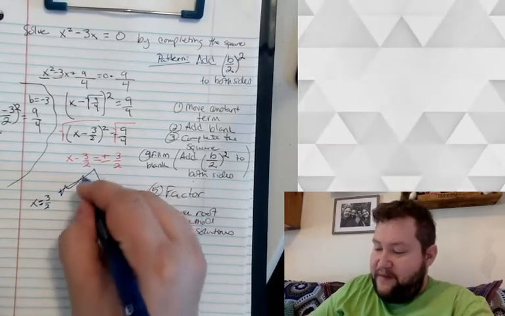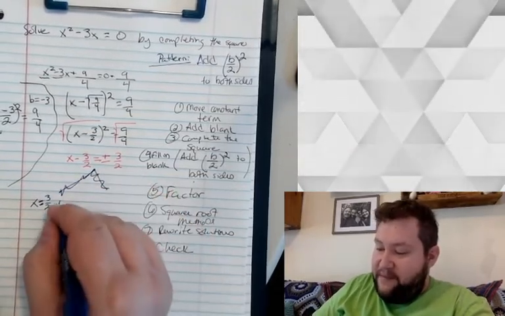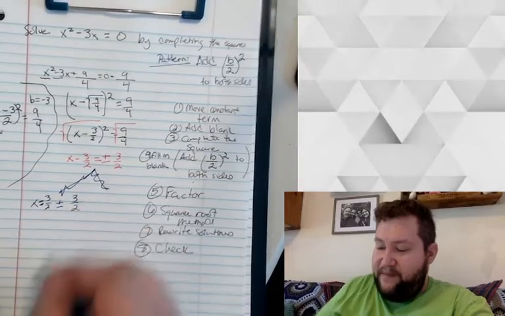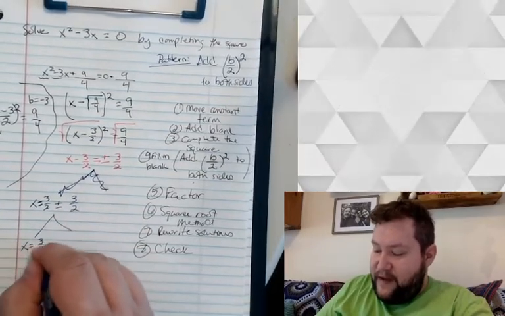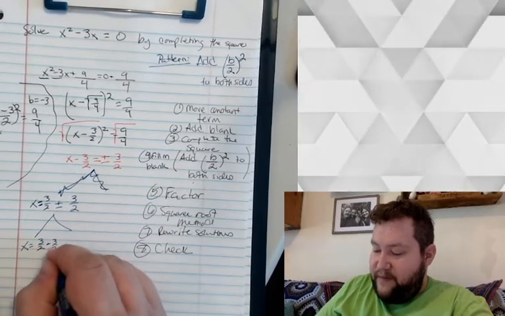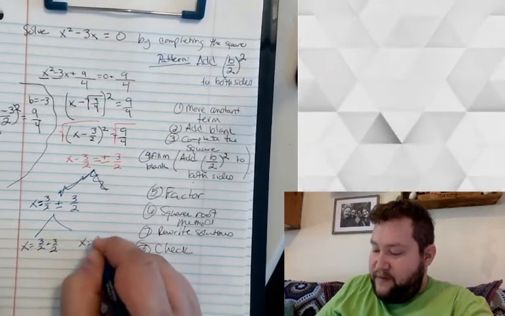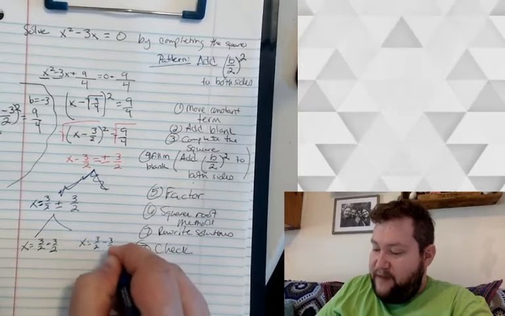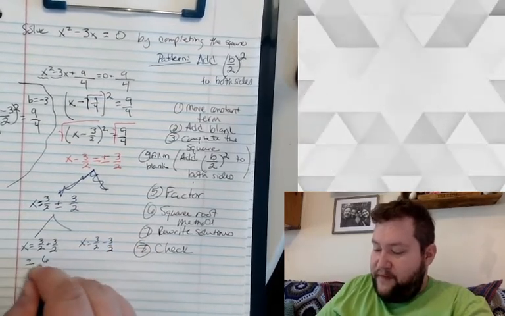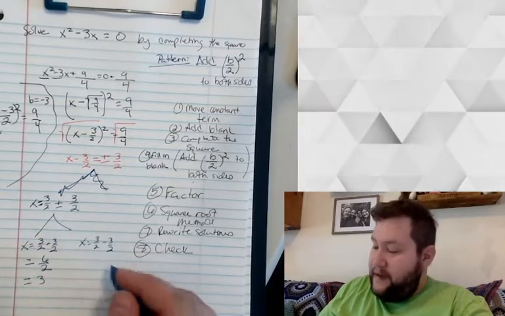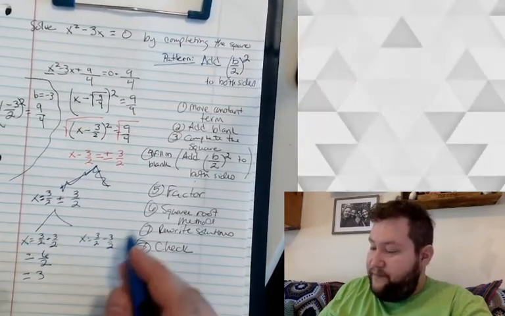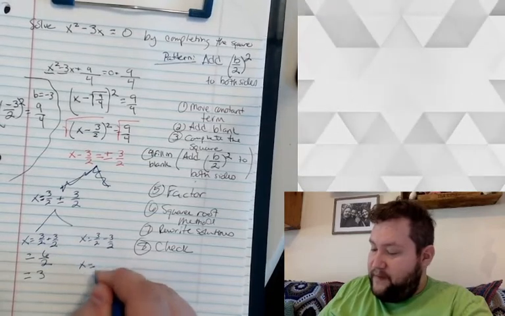X equals 3/2 plus or minus 3/2, which means that x equals either 3/2 plus 3/2, or x equals 3/2 minus 3/2. Well, here we have 6/2, or 3, and here we have x equals 0.